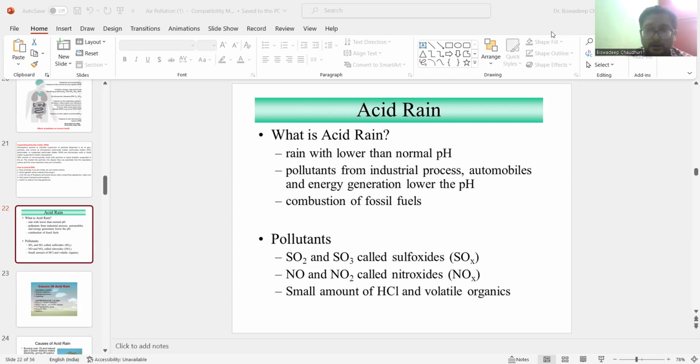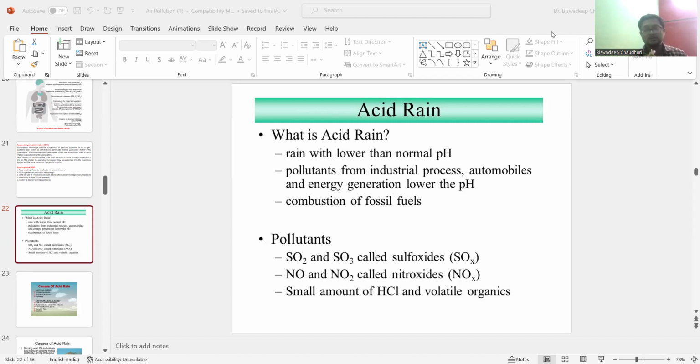So let us start. Acid rain is basically one very dangerous phenomenon that is created by us. Us means the automobiles, the heavy industries, where various toxic gases are produced. So, what are toxic gases?